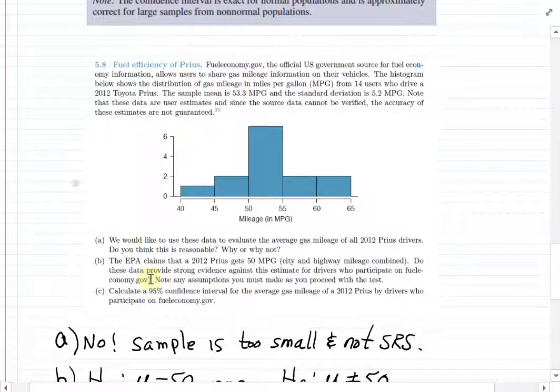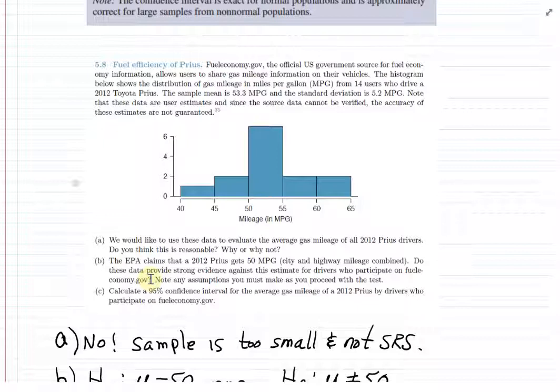One thing we could do to make this more valid is to say that we are inferring to the population of those that actually go on that site. Then that would be more legit than applying this to nationwide figures. So this would be a representative sample from that site. Therefore, we can infer to that target population of all the Priuses listed on that site.